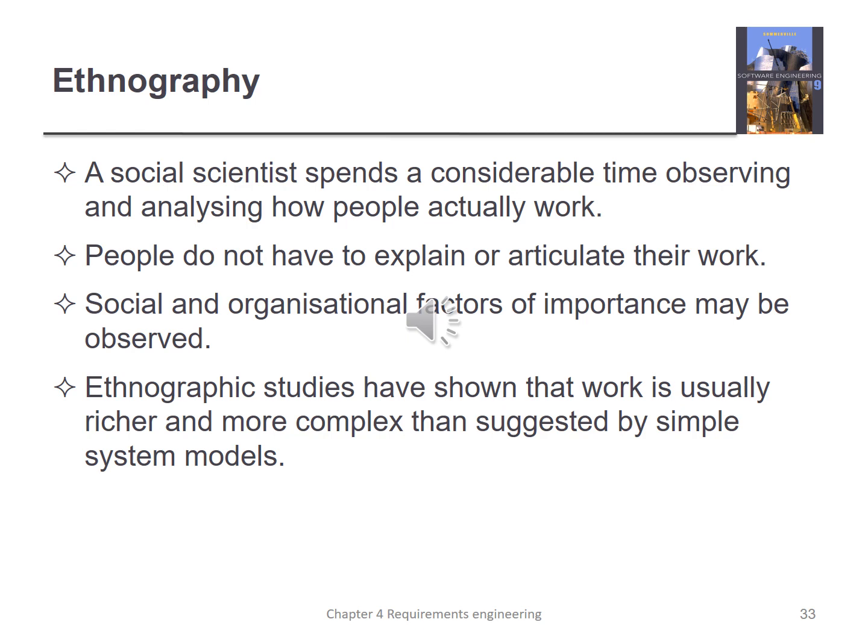The main reason for ethnography is that, as humans, it is tough for us to explain what we are really doing, what kind of job we are doing. We always abstract. We always forget something. That's why we need to go and observe how the customer is doing it.